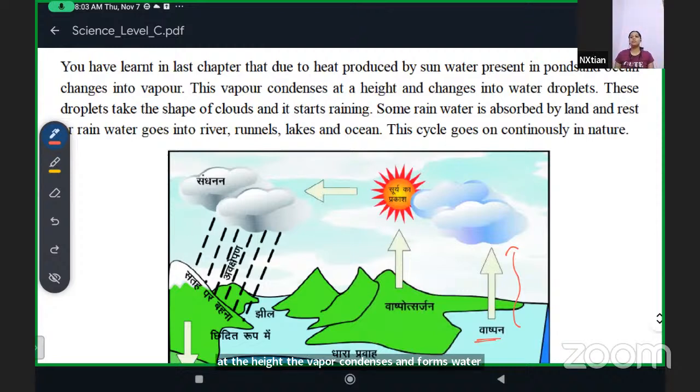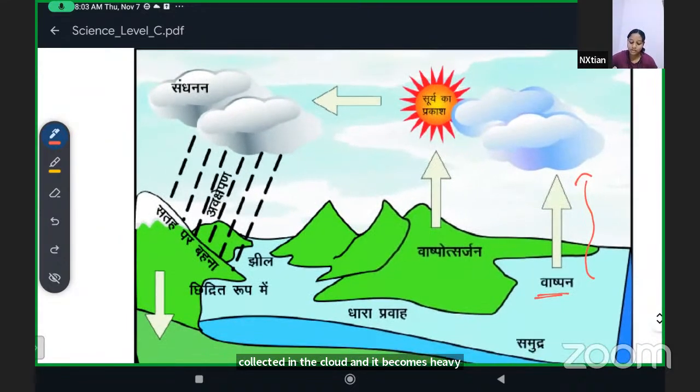Now, when a lot of water droplets collect in the cloud and it becomes heavy, it starts to pour. Rainfall happens, and it falls on the mountains, in the lakes, in the rivers, and goes into the water bodies. Every river meets an ocean or a sea, so ultimately it gets into the sea.